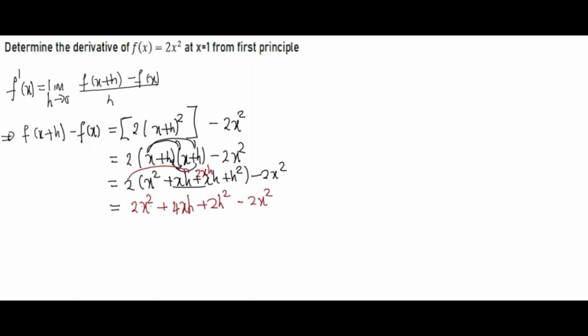So 2x squared and minus 2x squared will cancel each other. So your f at x plus h minus f at x is 4xh plus 2h squared. Let's write this somewhere for some space. It is equal to 4xh plus 2h squared.